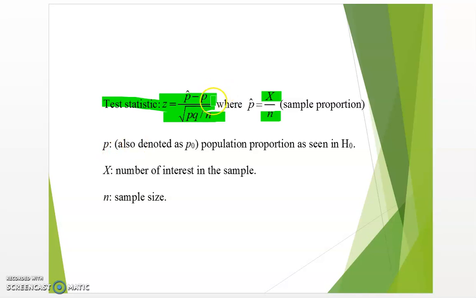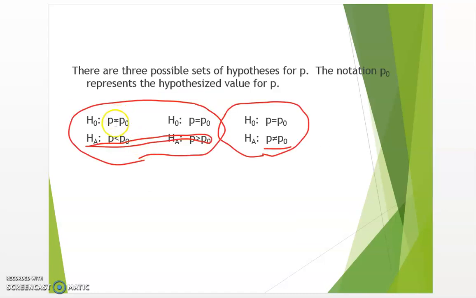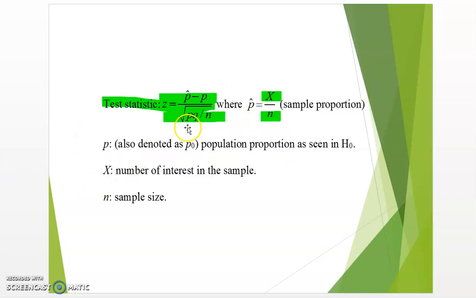And then p in this formula is the p that appeared in the null hypothesis. So basically, it is the same p: p equals p sub 0. And q is always related to p, in the sense that q equals 1 minus p. These are all old concepts we've talked about before.